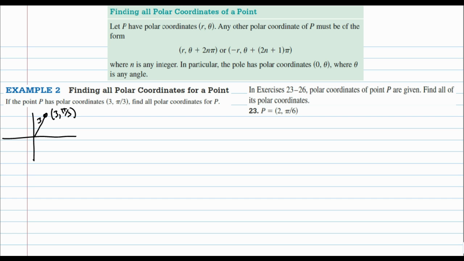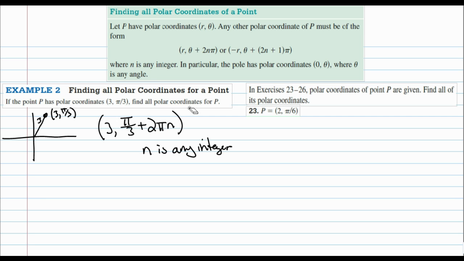Now, because of coterminal angles, that point can be replicated by (3, pi over 3 plus 2 pi), (pi over 3 plus 4 pi), (pi over 3 plus 6 pi), etc. So we can say that that happens at (3, pi over 3 plus any multiple of 2 pi) because of coterminal angles. Now we have to specify this happens when n is any integer.